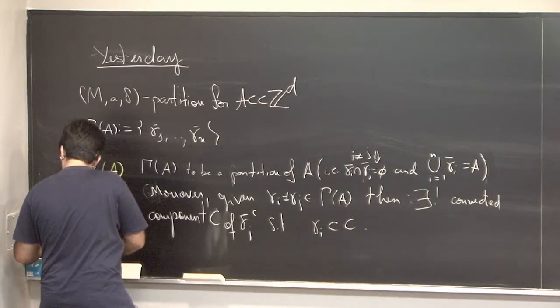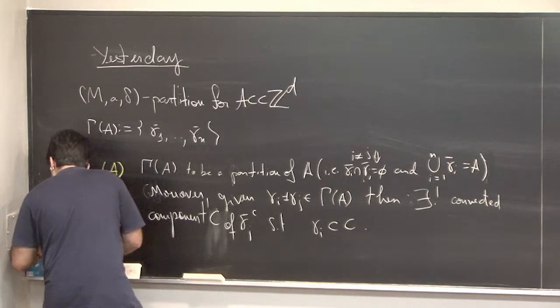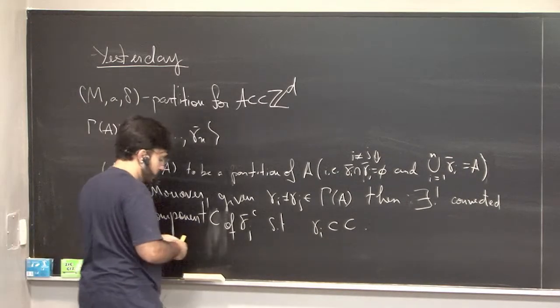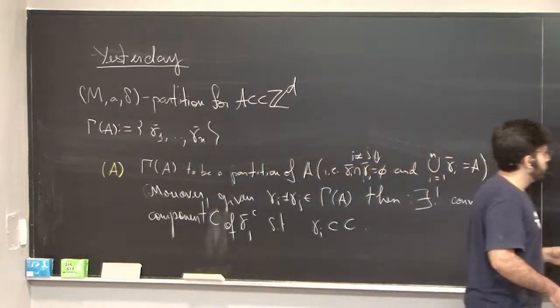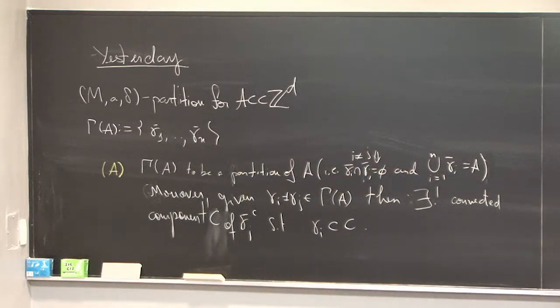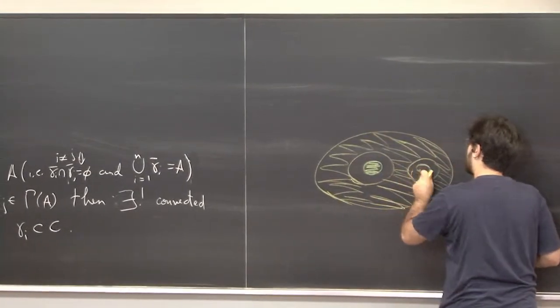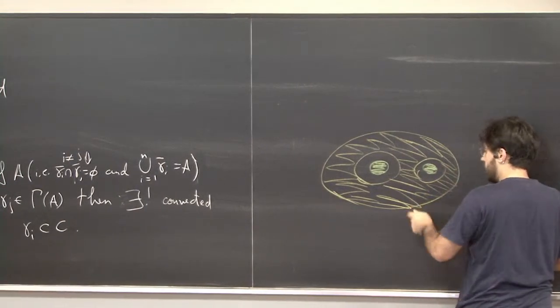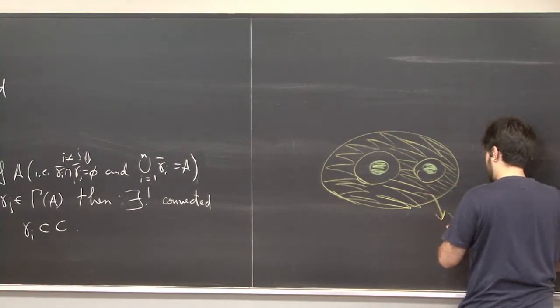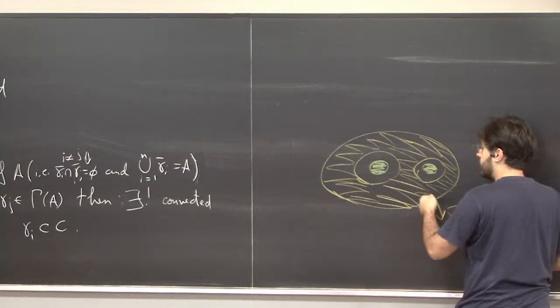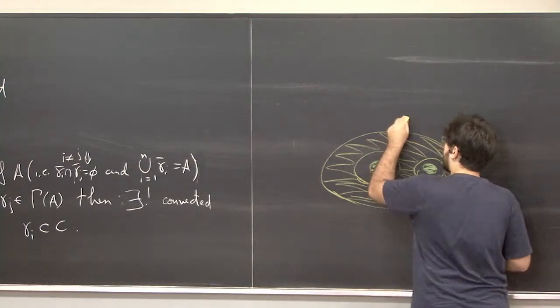So if I have some set like this, and I want to make a partition like this. This is gamma 1, the yellow part, and this is gamma 2.